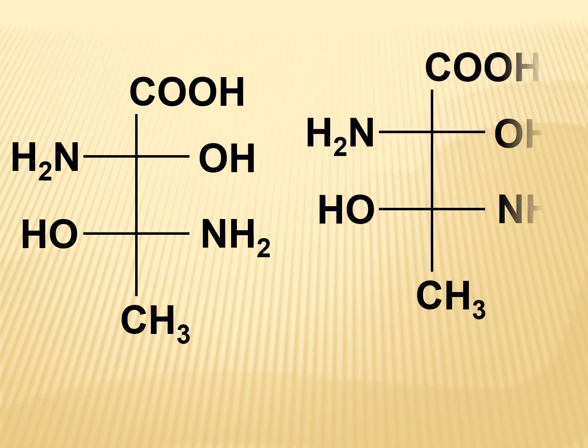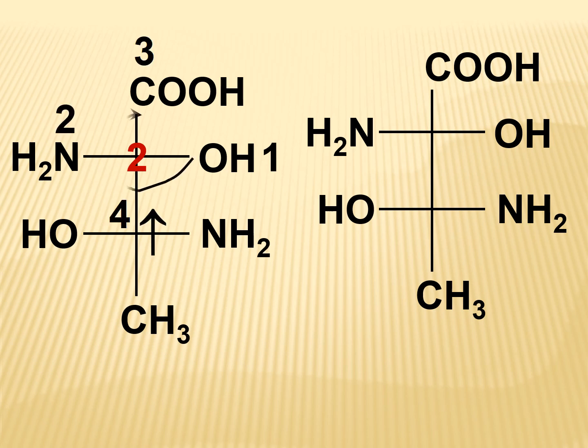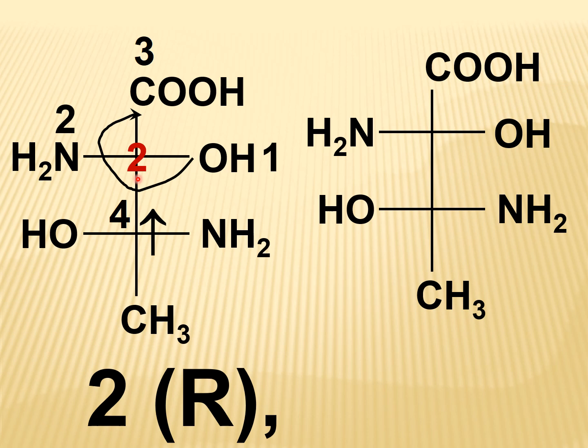Next compound, this is another derivative, the D form of diamino tartaric acid. Again start with the second carbon, give the priorities 1, 2, 3, 4. You are moving from 1 to 2 to 3 and viewing from behind the fourth priority. This movement is clockwise and the least priority is vertical, so it is again R, 2R.